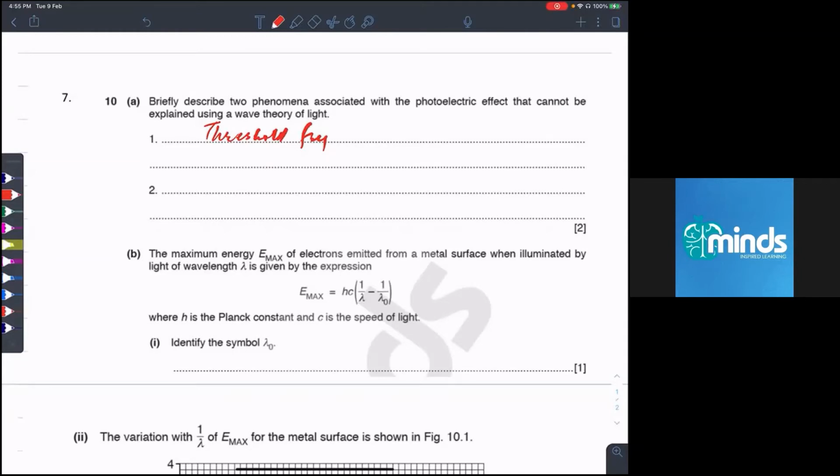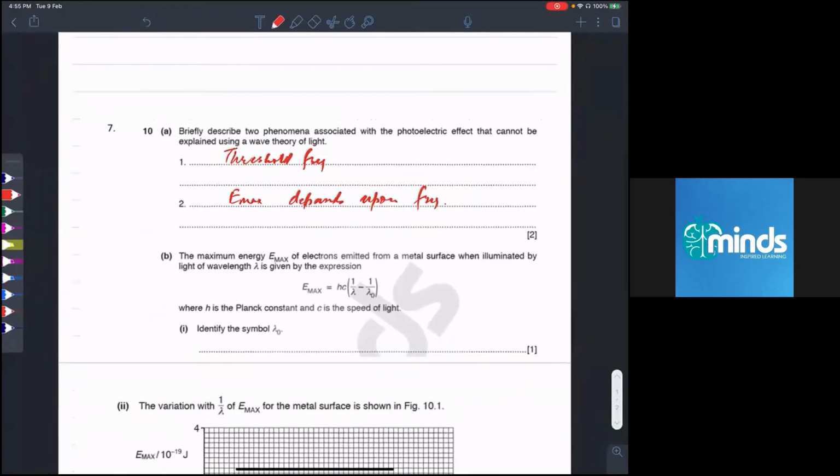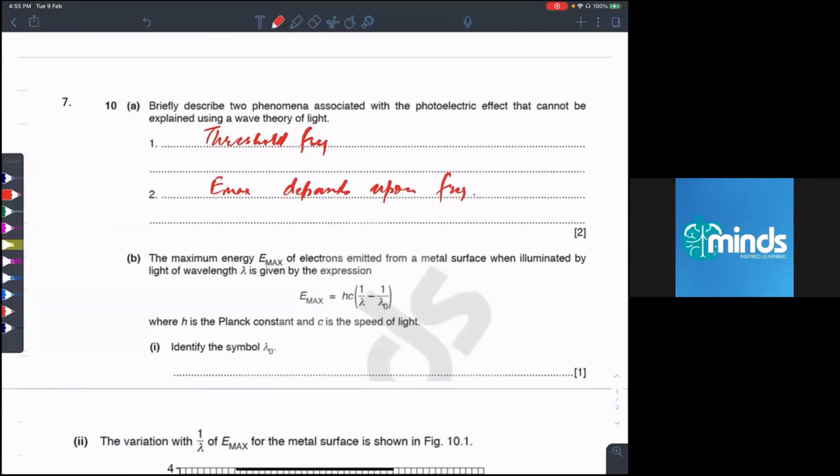This could be one of them. Second thing, the maximum kinetic energy of the electron, Emax, depends upon frequency, right? What could be the other possibility?